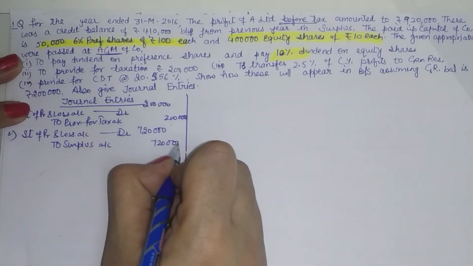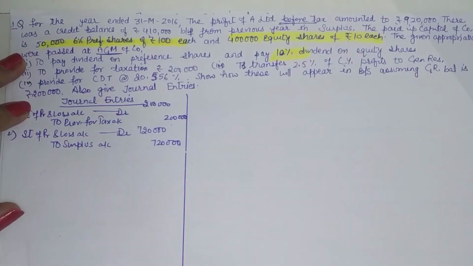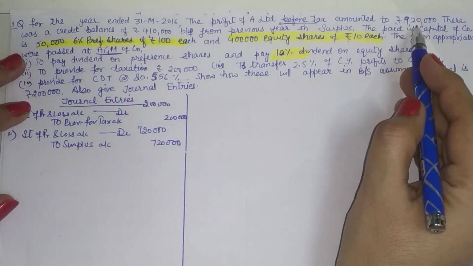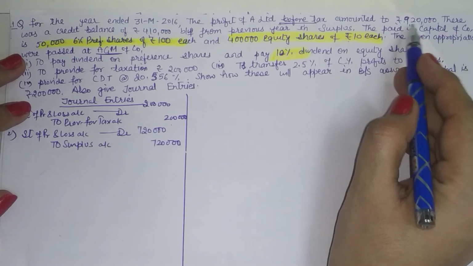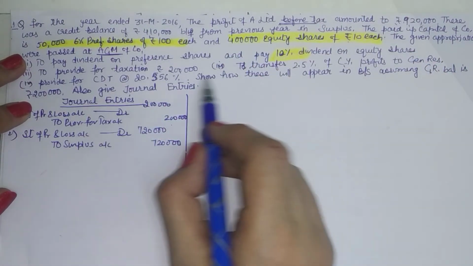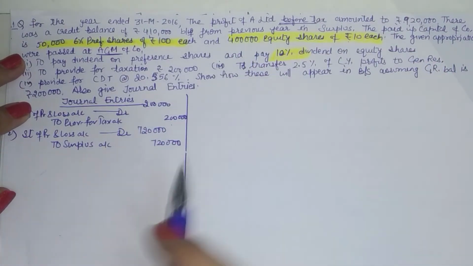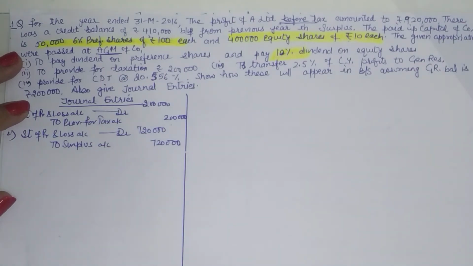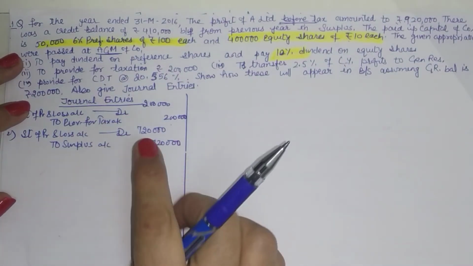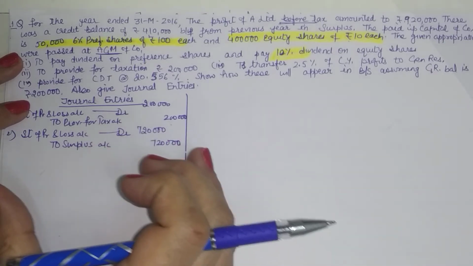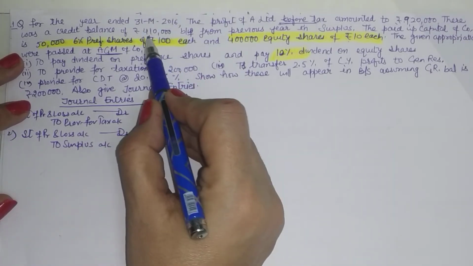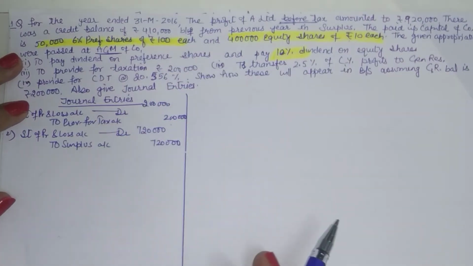So I hope this is clear to you. So what we are doing is that we have a surplus profit of current year 9,20,000. Out of this, we are to provide for tax 2 lakh. So 7,20,000 profit of the year is left after tax. So this will be taken up here. Now this is our profit of the current year, plus you have 4,10,000 balance preceding also.